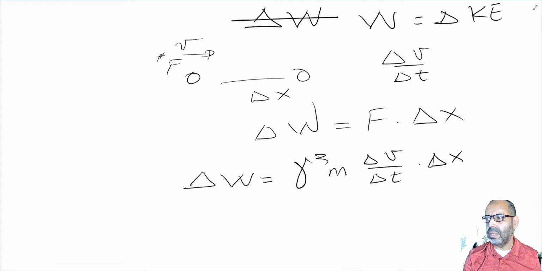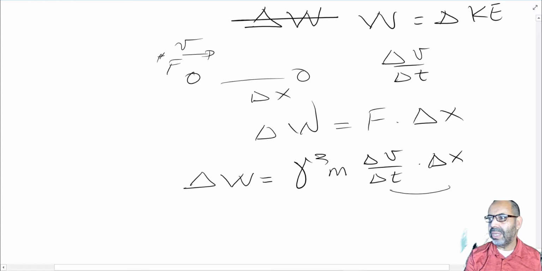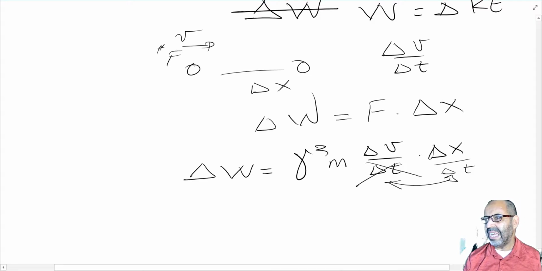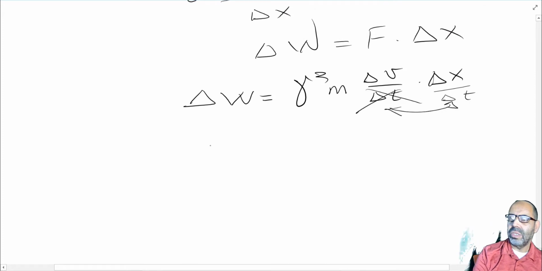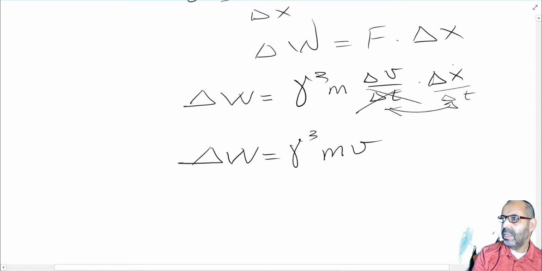Because they are finite values, I can do that. So I'm going to move delta t in here. So what is delta x over delta t? That is v again. So basically the finite work that I am finding for this small displacement is delta w equal to gamma cubed mv, because this is v, times delta v.